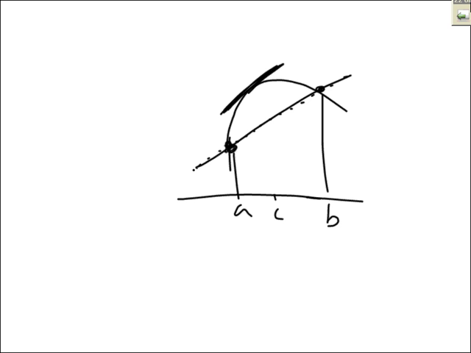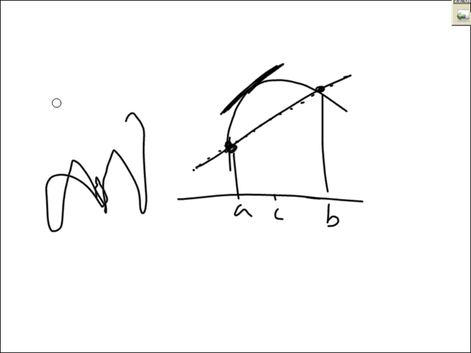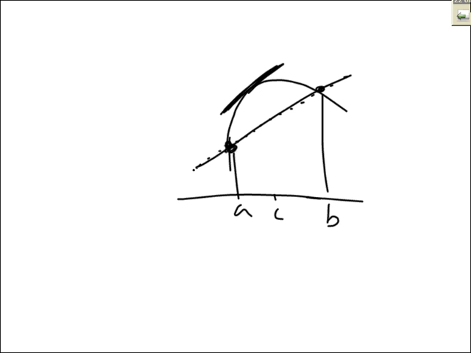So, let's give it the appropriate heading. Mean value theorem. The initial conditions are the same as Rolle's theorem, except the third one. The first two conditions are the same.